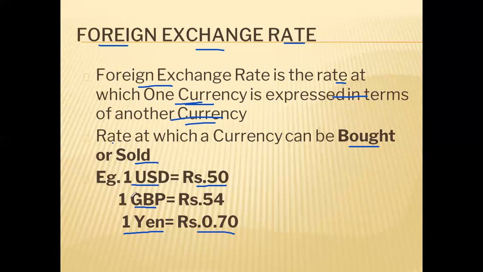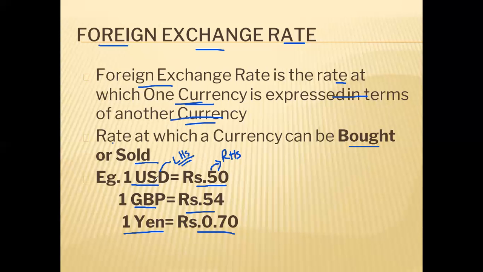So always you should see the left hand side currency. Its rate will be given in the right hand side currency. Here you will see all the left hand side is foreign countries' currency, and in the right hand side all the currencies' price is expressed in terms of rupees. Which currency's price is given, you will have to see the left hand side.